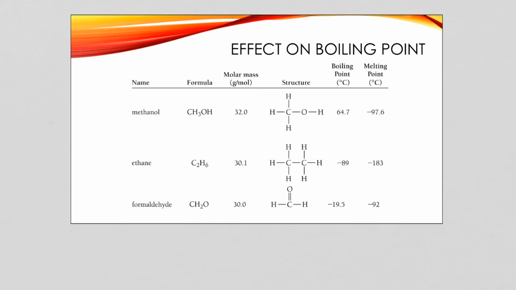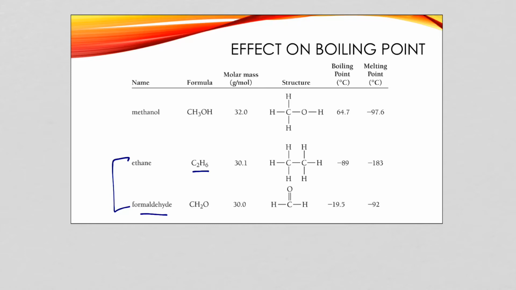So, we can look at the effect these have. If you remember before, we compared these two molecules, right? Again, similar molar mass, and we saw an increase of approximately 70 degrees in the boiling point, right? So, ethane having only dispersion forces, non-polar. Formaldehyde having additional dipole-dipole interactions caused the boiling point to go up by 70 degrees.